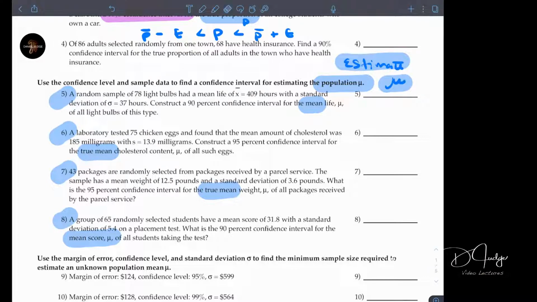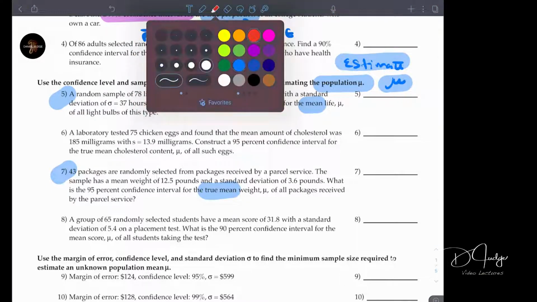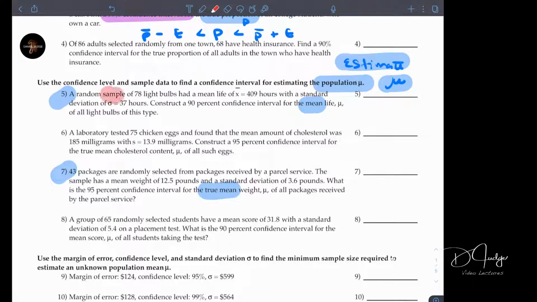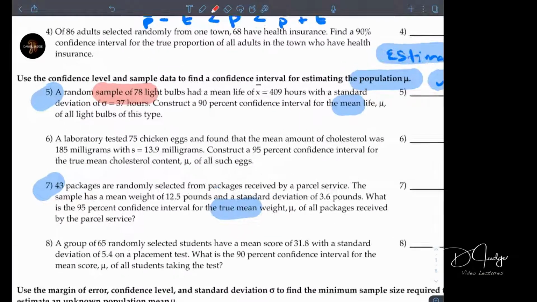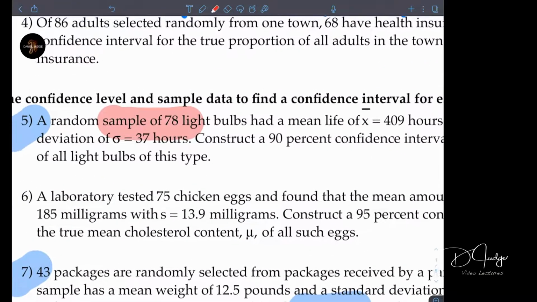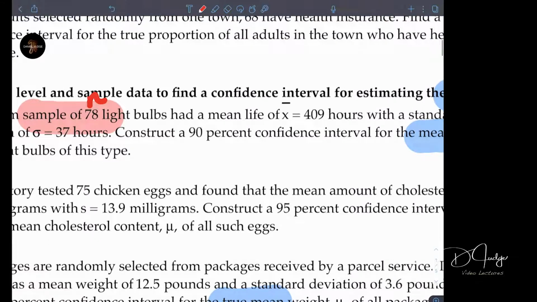So once again, I'm going to do the odds, and you can do the evens. Okay. So let's read. Random sample of 78 light bulbs. So this is my n here. And has a mean of 409 hours.